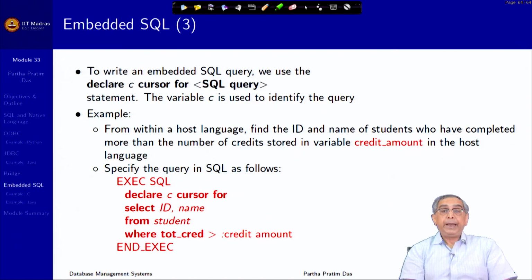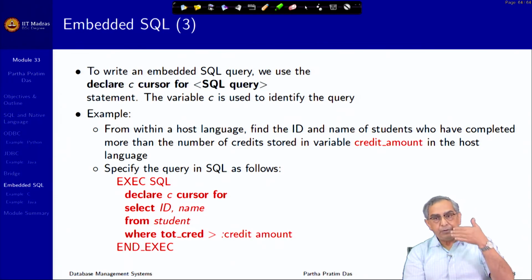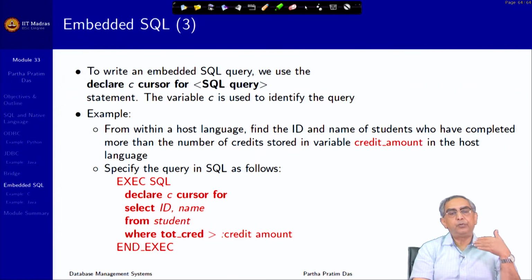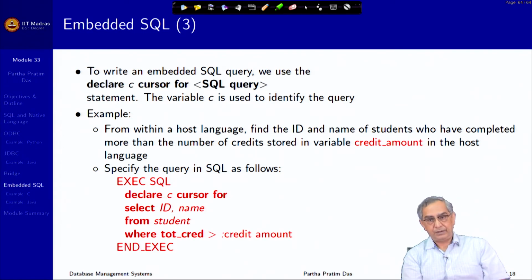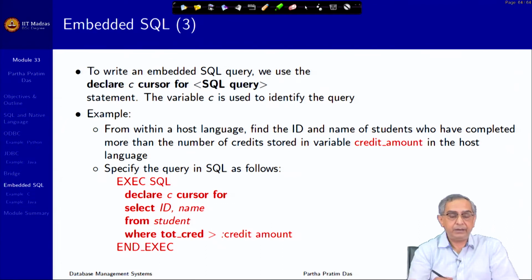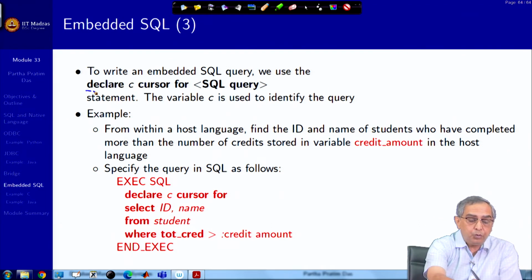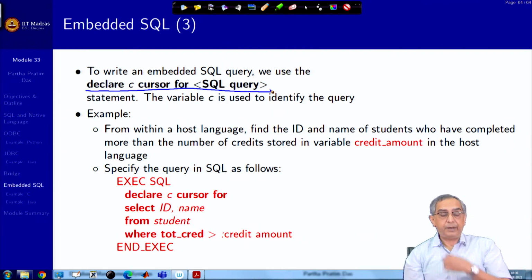Now, we have seen that in the connectionist view we had a way to take the table out. What we did was we used iterators. We need a similar thing here. What is supported for embedding is declaring a cursor.